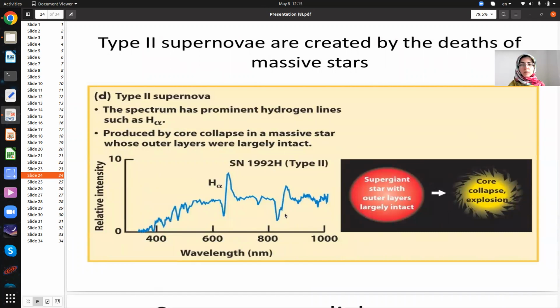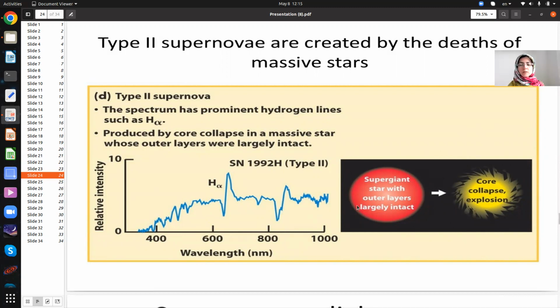Type 2 supernovae are created by the death of massive stars. They are the remnant of massive stars. In a type 2 supernova, the spectrum has prominent hydrogen lines, such as hydrogen alpha, H alpha, produced by core collapse in a massive star whose outer layers were largely intact.